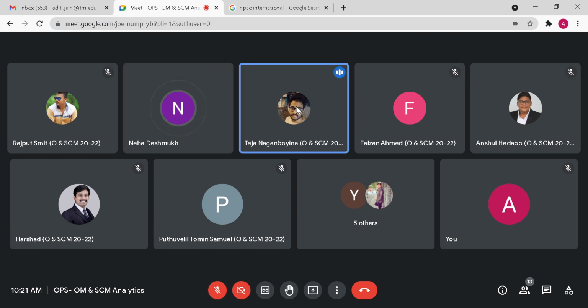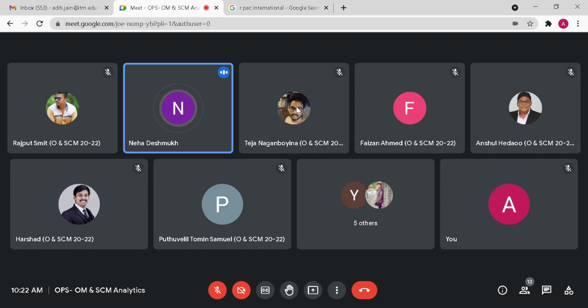Wait a minute. Suryakant, Prashant, Teja, Yash. Aditi, Anshul, Faizan, Harshad, Samuel, Smith, Shivam, Shreyas, Suryakant, Sushant, Teja, and Yash.